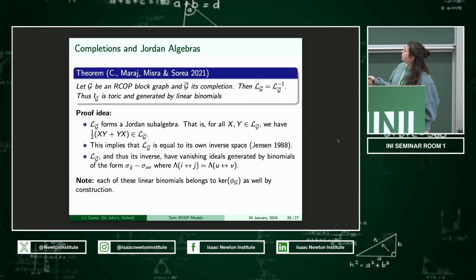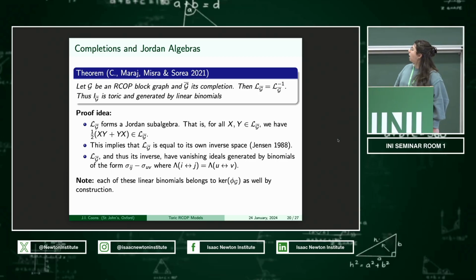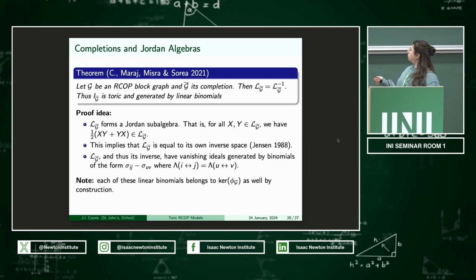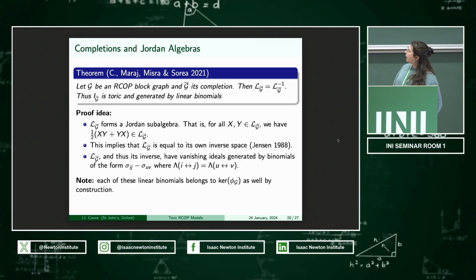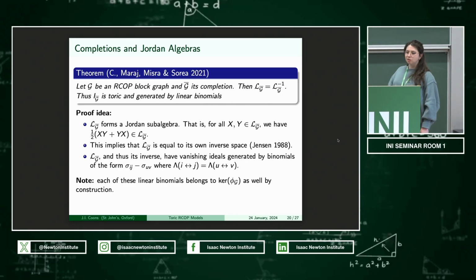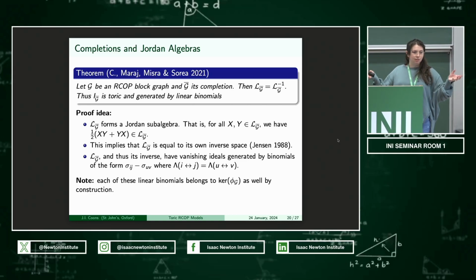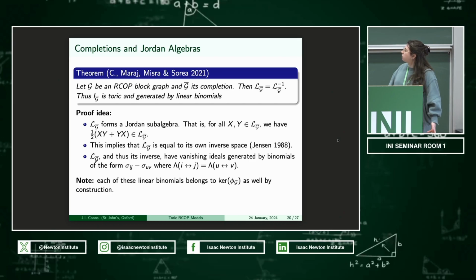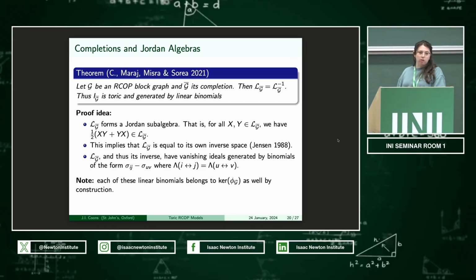So the linear space associated to this completion actually forms a Jordan subalgebra. And this implies that it's equal to its own inverse linear space, which is a result of Jensen. And thus the vanishing ideal is generated exactly by these binomials where the colors used on either side are the same. And each of these linear binomials belongs to this kernel by construction.